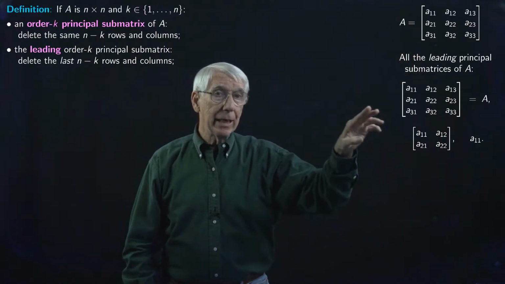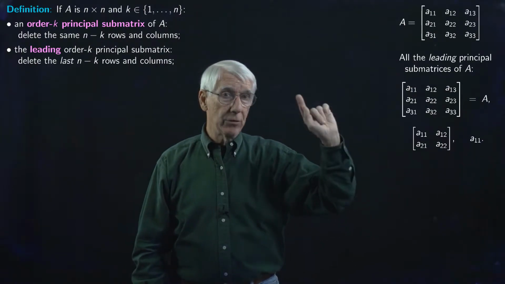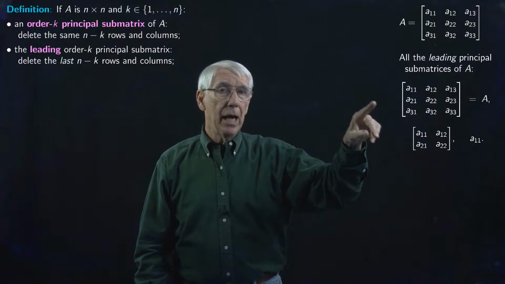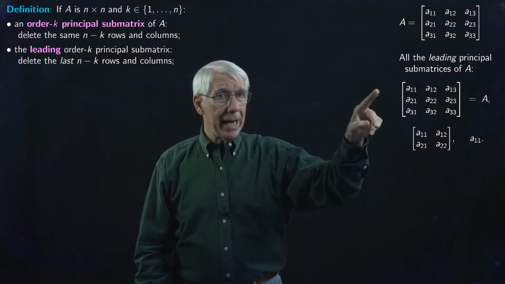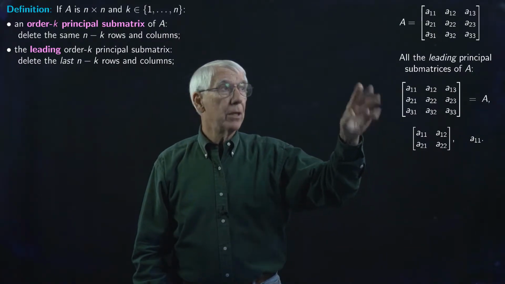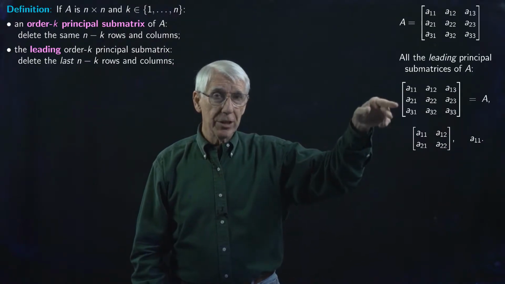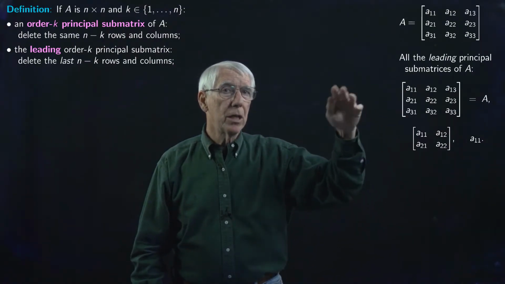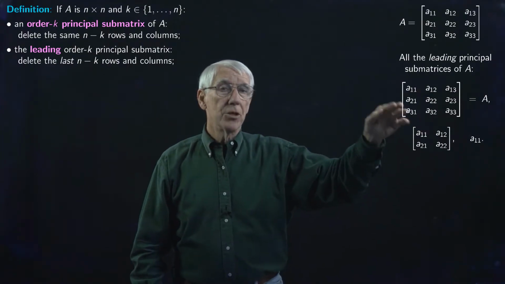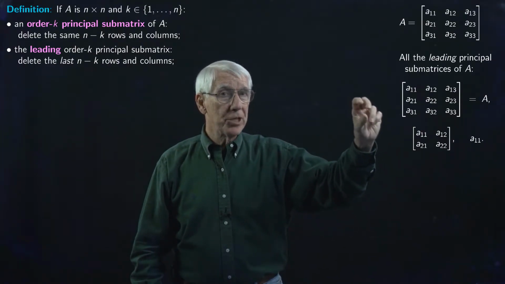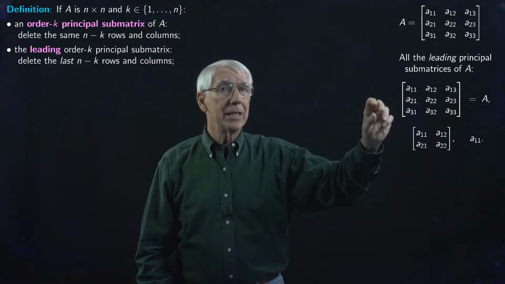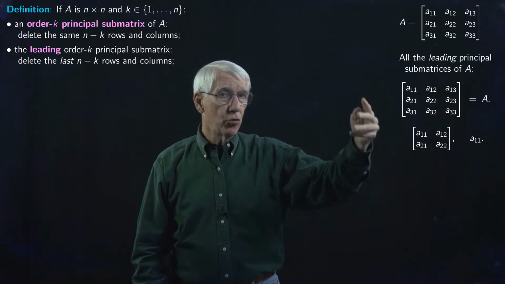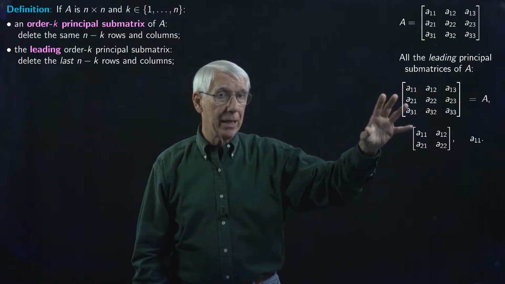So the leading principal submatrices are, of course, the one where we don't delete any of the rows or columns, the whole matrix, and the one where we delete just the rightmost column and row, so that we now have a 2 by 2 principal submatrix. It's a leading principal submatrix because it's the leading rows and columns that are retained.